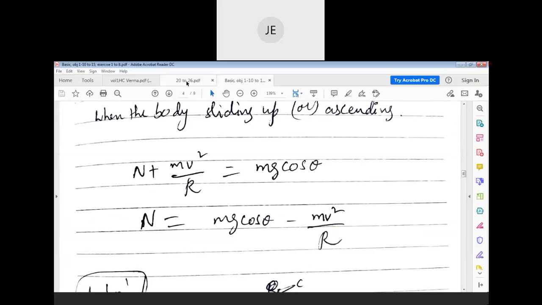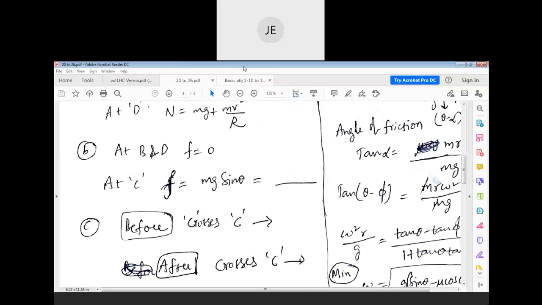After crossing C, this is the equation for normal force. And before crossing C, N will be mg cos theta plus mv square by r. So use that expression and find the answer.